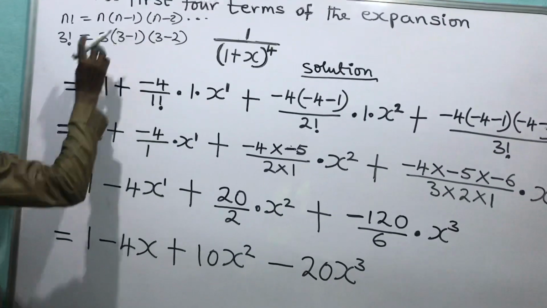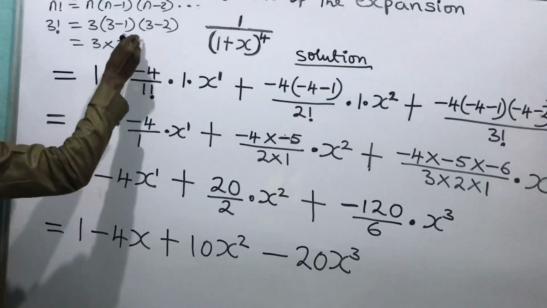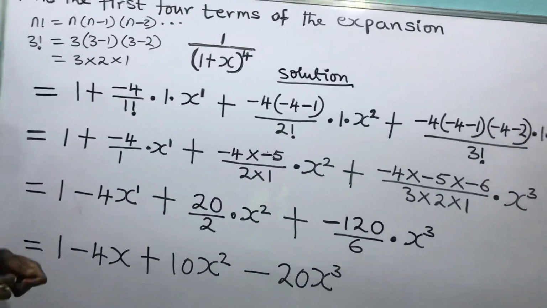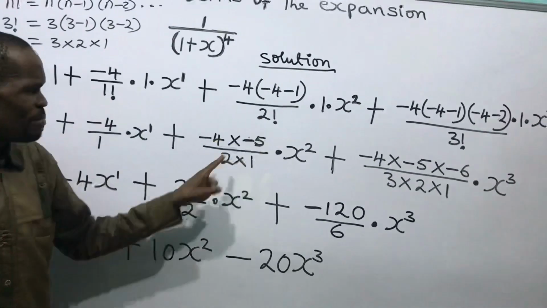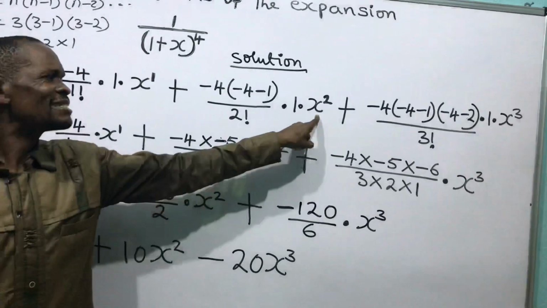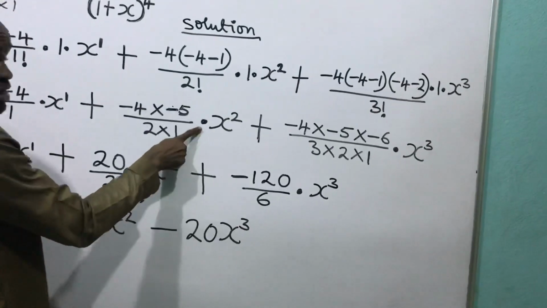And what am I going to have? I'm going to have 3 times 2 times 1. And that's what we mean by 3 factorial. Then we will now say here that 2 factorial means 2 times 1. And dot 1 times x raised to power 2 is same thing as x raised to power 2. That's why you see dot.